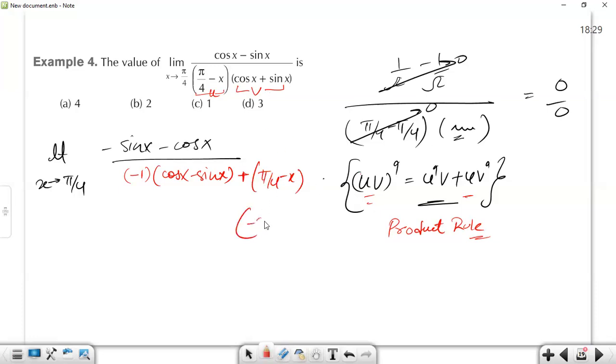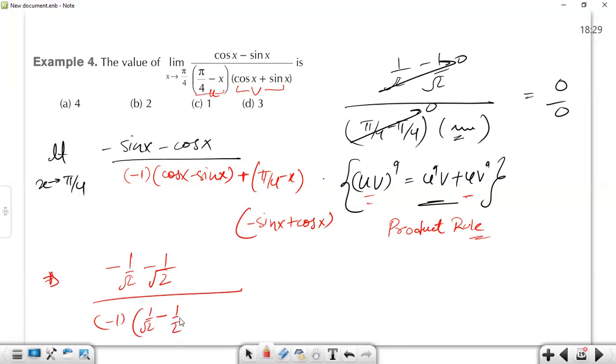So cos x differentiation is minus sin x. Sin x differentiation is plus cos x. Am I right? Yes. So now let us substitute the value of x equals pi by 4: minus sin pi by 4 is minus 1 by root 2, minus cos pi by 4 is minus 1 by root 2. Minus 1 into cos x minus sin x will become minus root 2 minus 1 by root 2.